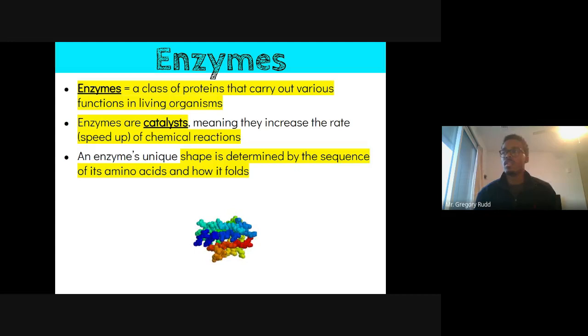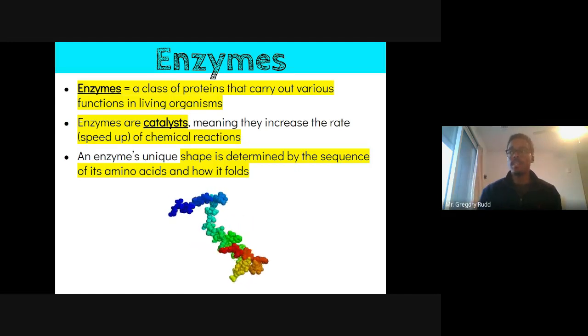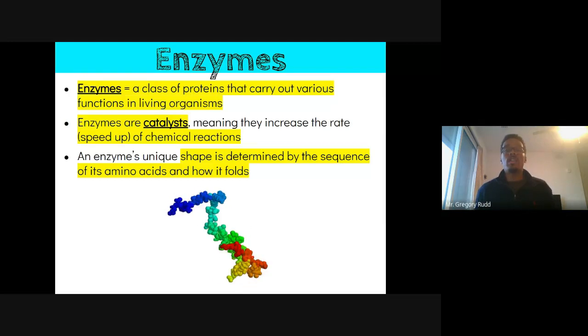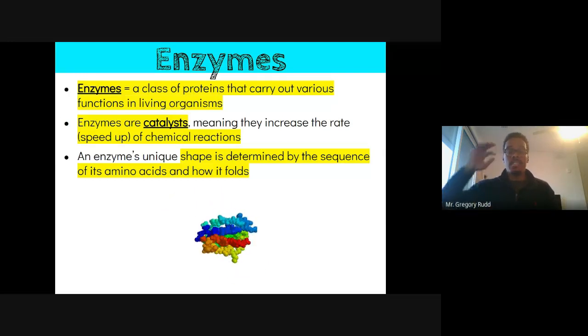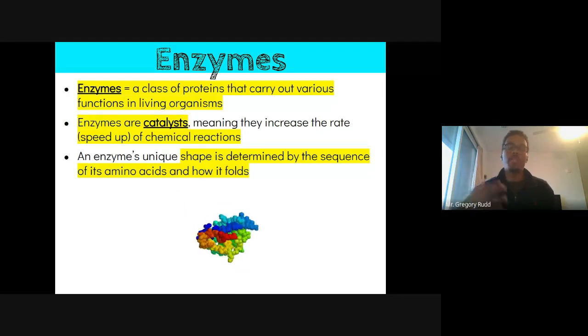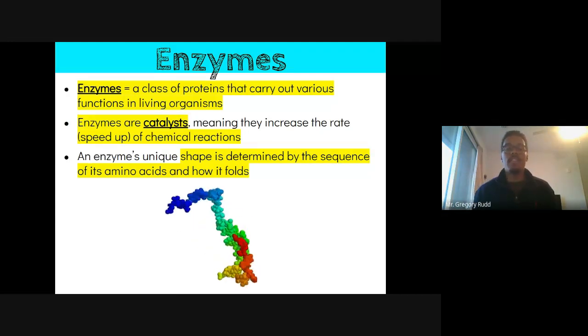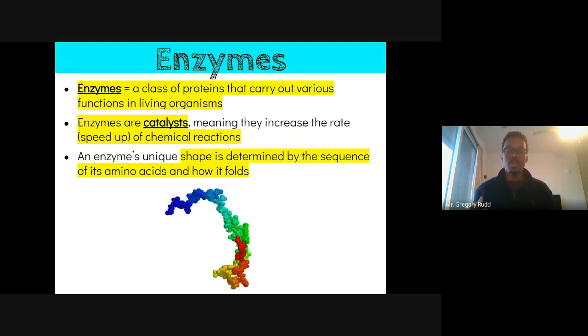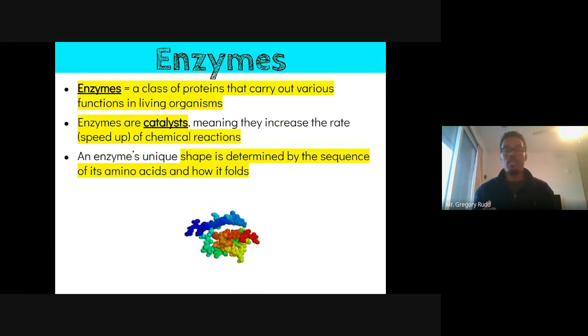So an enzyme's primary job is to speed up a chemical reaction. That doesn't mean that the chemical reaction needs an enzyme to take place. Most chemical reactions will happen on their own spontaneously if given enough time. But just imagine how dangerous that would be for the human body.